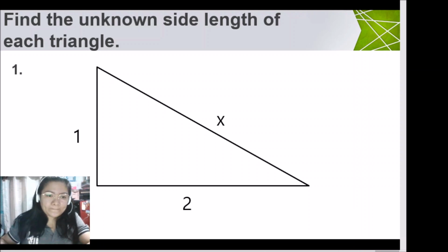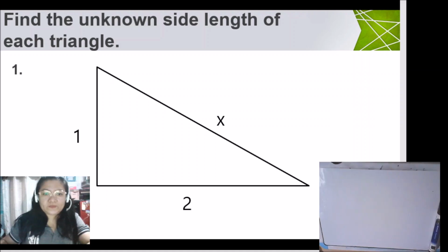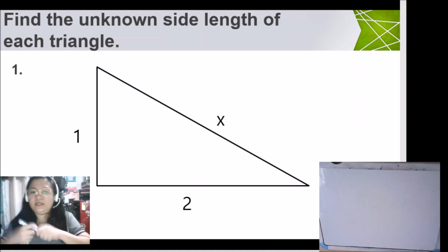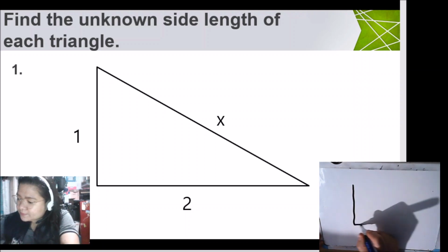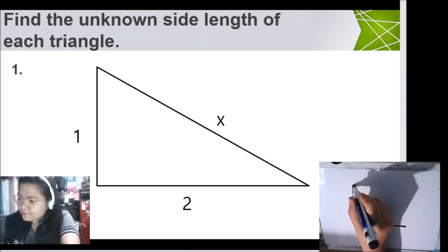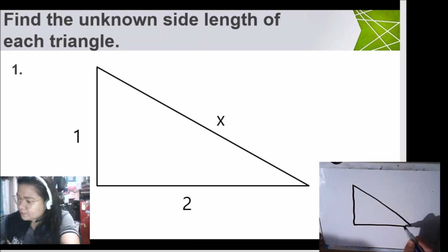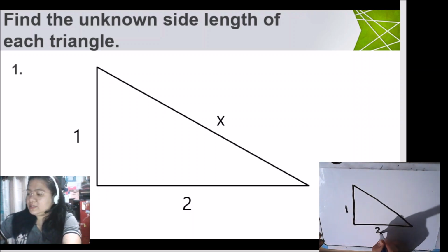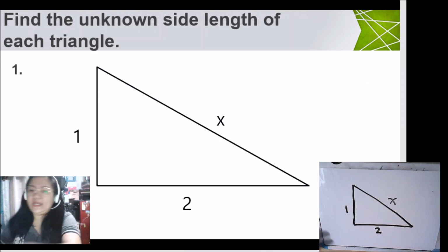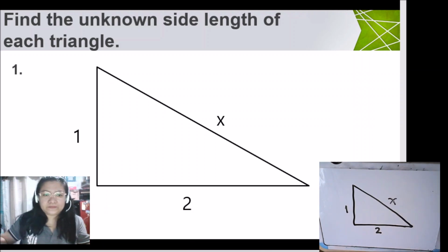So, let's draw our triangle here. This is 1 and this is 2. We have to find x.